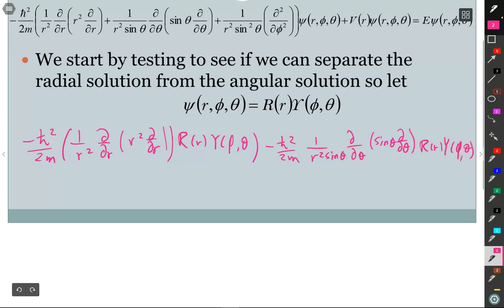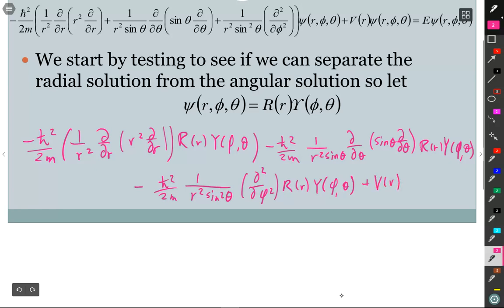There's the second term. There's the third term.